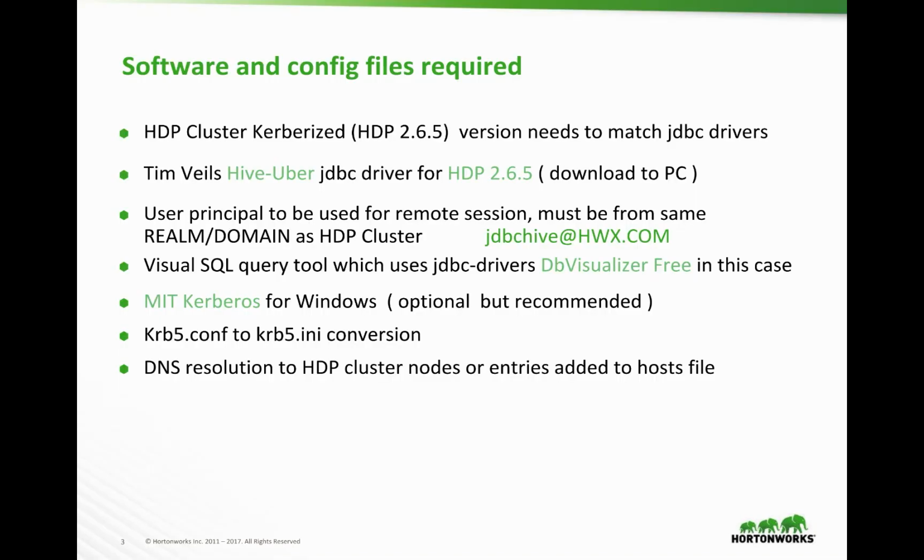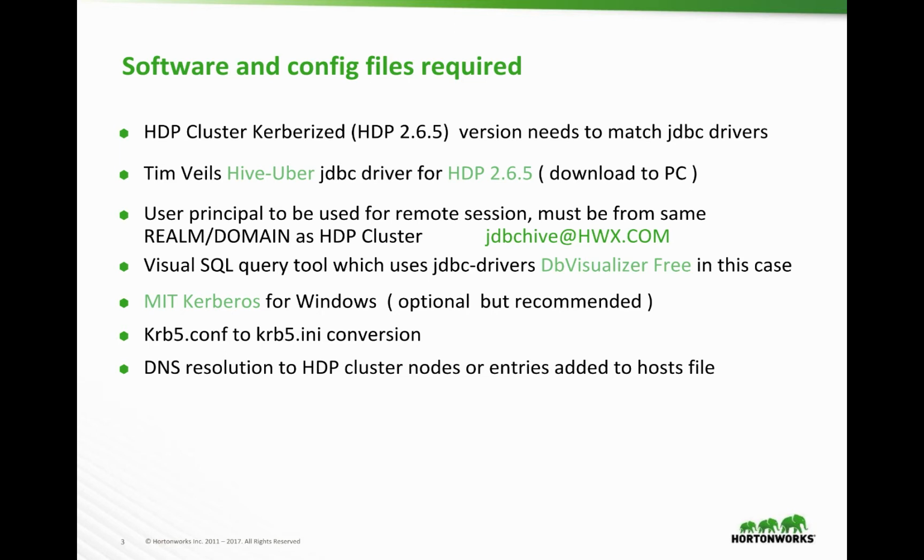Okay, so this is the list of software and config files required. You may take a screenshot of this slide so you can download and make sure you have everything available.